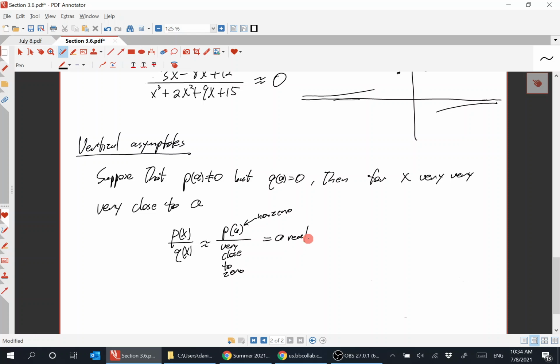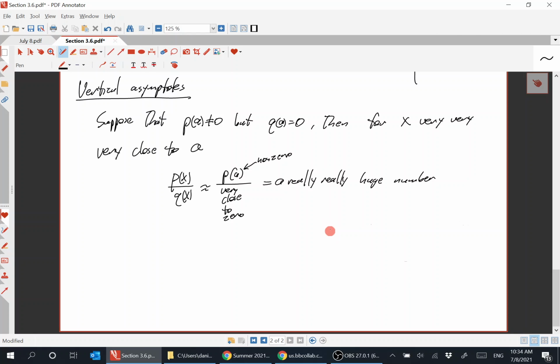A really, really huge number. So when you're looking at the graph of y equals p of x over q of x, close to x equal to a, so here's the vertical line x equal to a, the graph of the function y equals p of x over q of x climbs up this line.